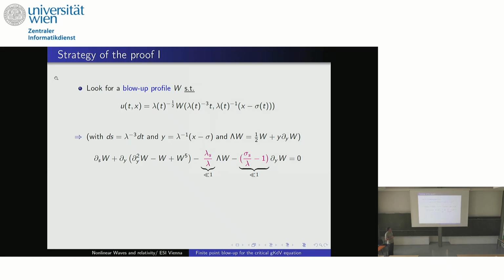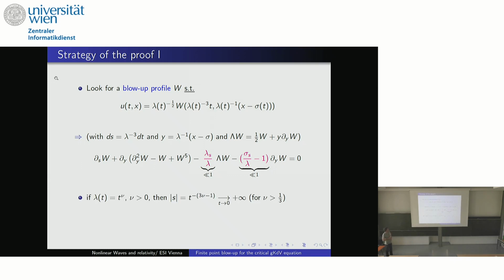This capital Lambda, I like to call it the scaling operator. It is 1/2 of w plus y dyw. And then you also get something when you derive with respect to the translation parameter. Here this -1 is the same that we add on both sides so that we get the solitary wave equation here.